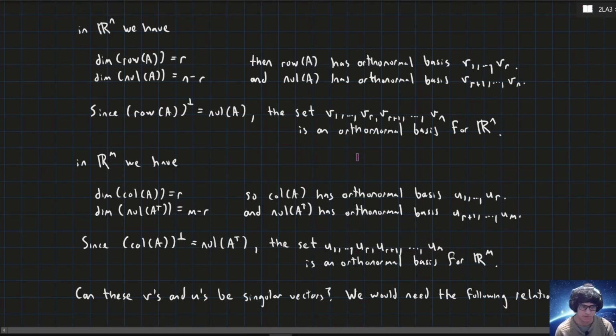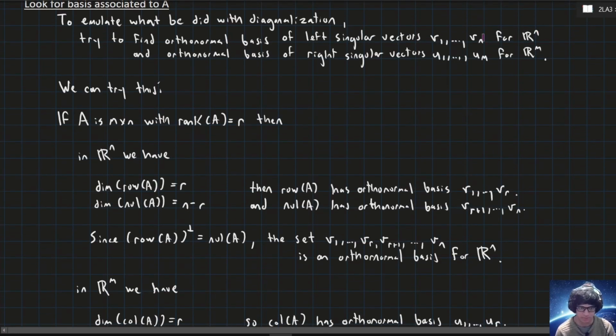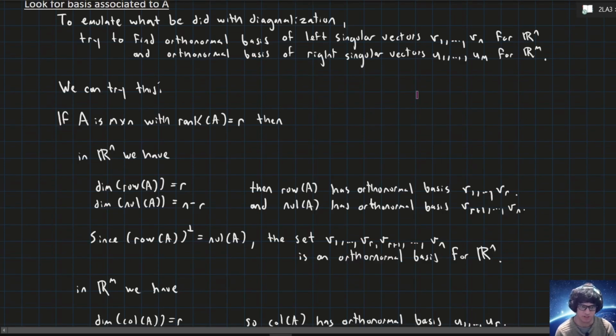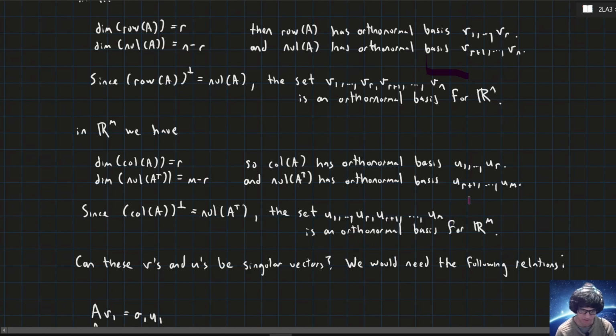So we divide up our basis for Rn like this, into a basis for the row space and a basis for the null space. And we divide up our basis for Rm like this, a basis for the column space for the first r, and a basis for the null space of A transpose for the final vectors.